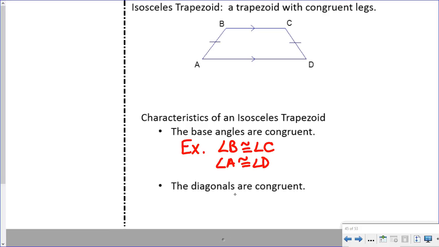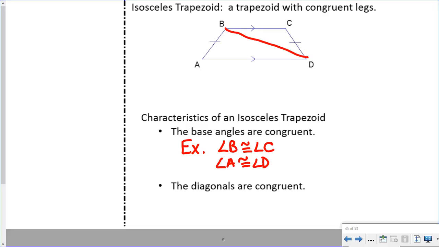And this is one like the rectangle. Remember, the rectangle had diagonals that were congruent? So that's why I said it wasn't enough to know that the diagonals are congruent in just any quadrilateral to say it is a rectangle. You would have to know it's a parallelogram first, then prove it's a rectangle that way. Here, if you've got an isosceles trapezoid, the diagonals would be congruent.